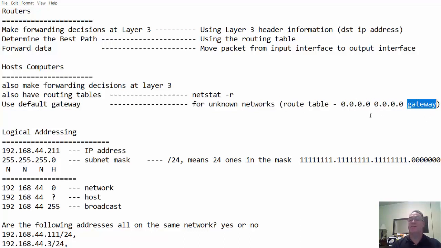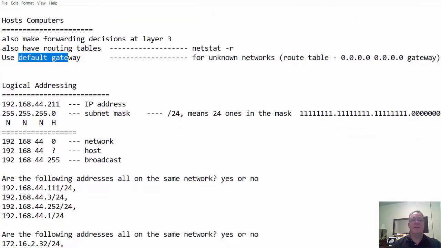And we'll take a look at that in a minute. Networks with 0.0.0.0 and subnet mask 0.0.0.0 will go through the gateway. And this will work for any unknown network. It's also called a default route. It's your default gateway.